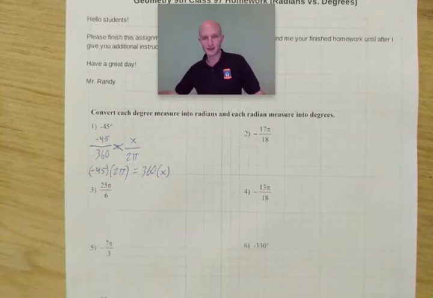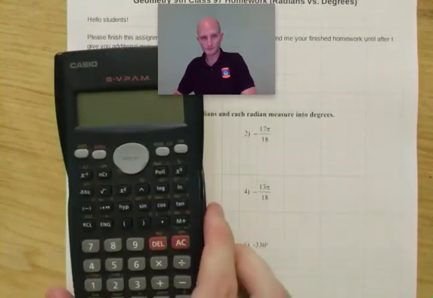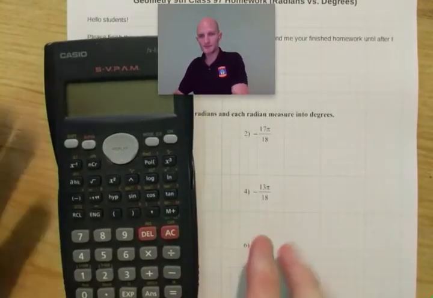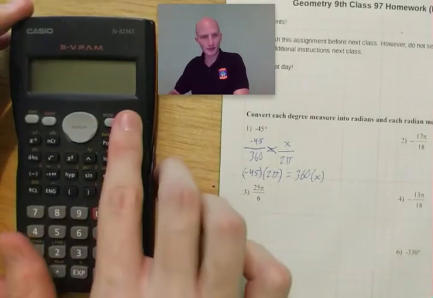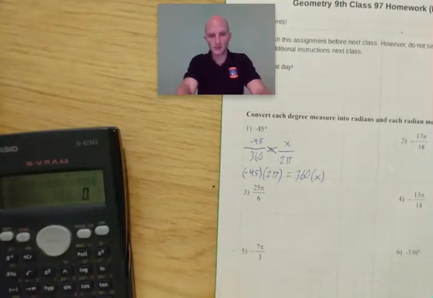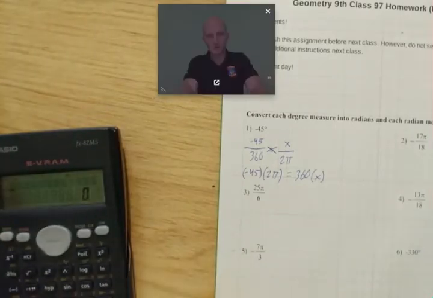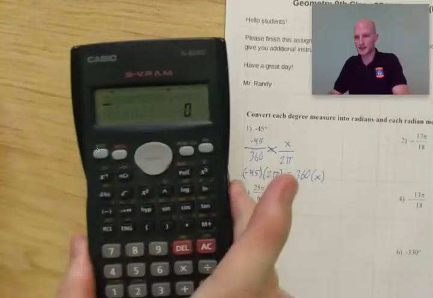So now in the calculator, let's do that. I think that right here you can see the calculator. I'm going to move this over here so you guys can see the calculator better.